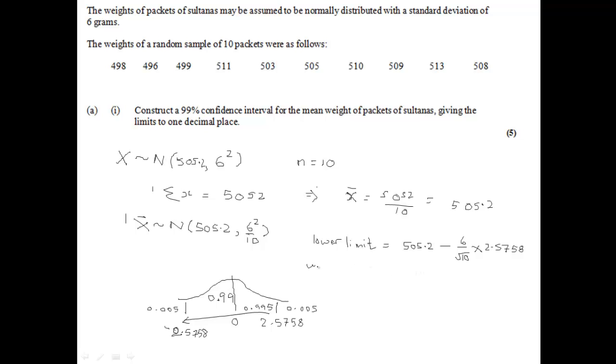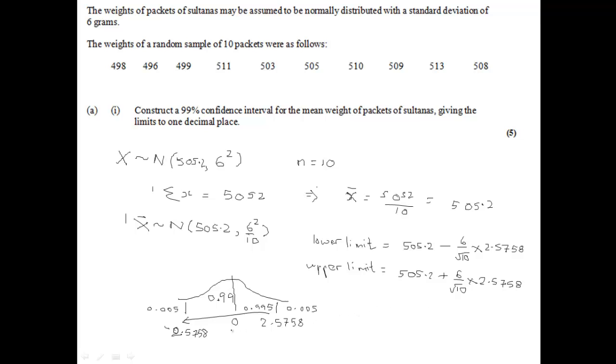For the upper limit, it's the mean plus the standard error times the amount of standard deviations that we found earlier above or below the mean.